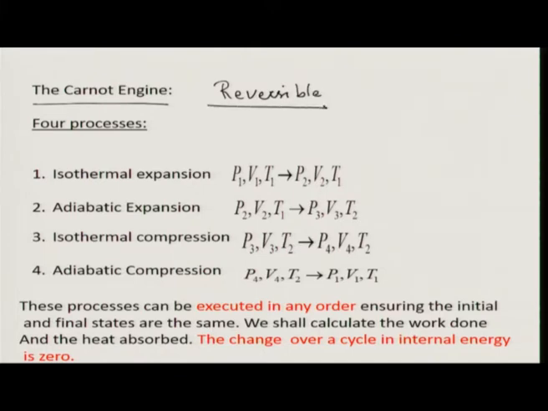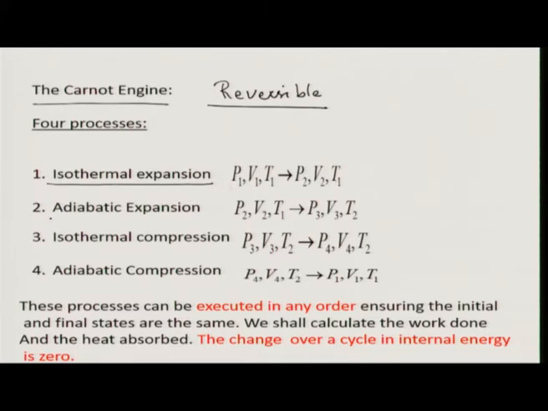It involves 4 processes. Isothermal expansion. So, start from the point P1, V1, T1 in the PV diagram. First, you have an isothermal expansion which takes you from P1, V1, T1 to P2, V2, T1. Temperature is fixed.